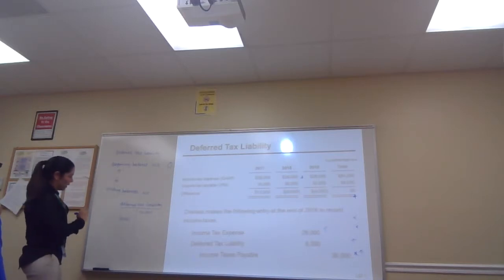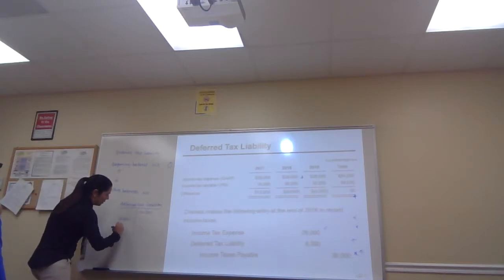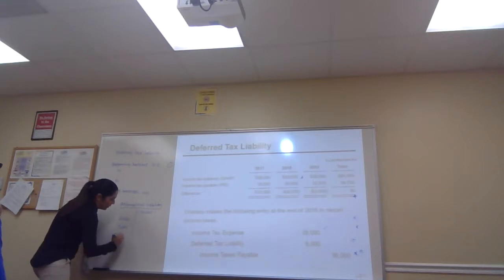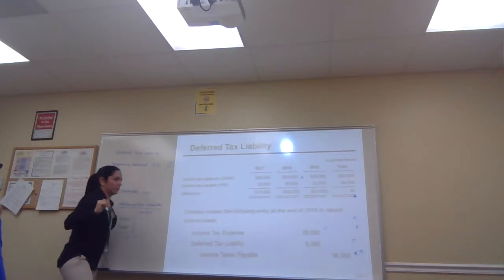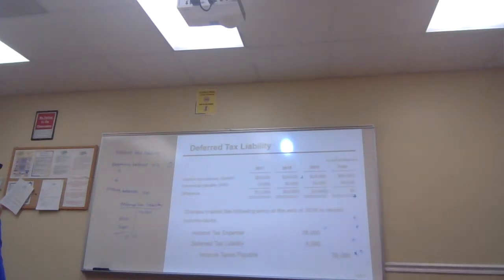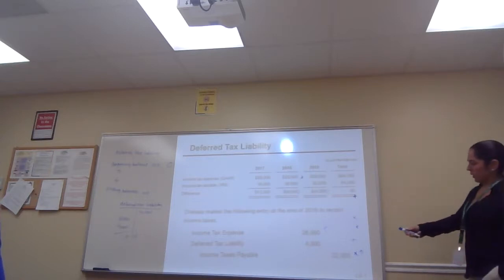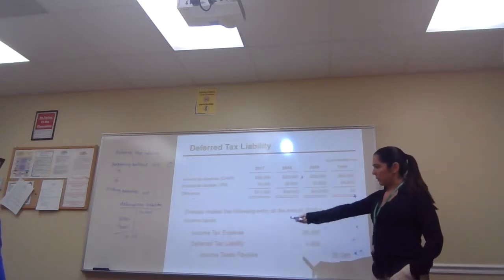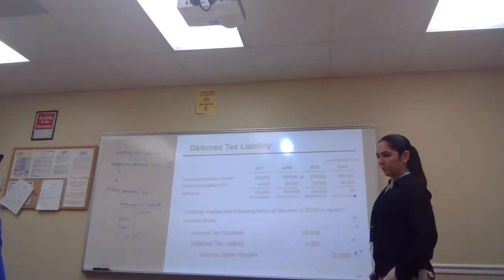On the next one, we're going to debit as well, and this will end up at 0. You see? Now we did another debit here to your deferred tax liability account, which ends you up at 0. So your T account ends up at 0.